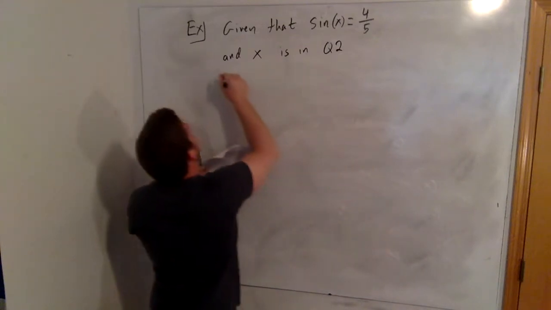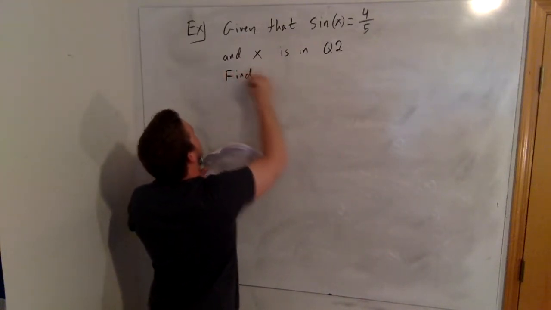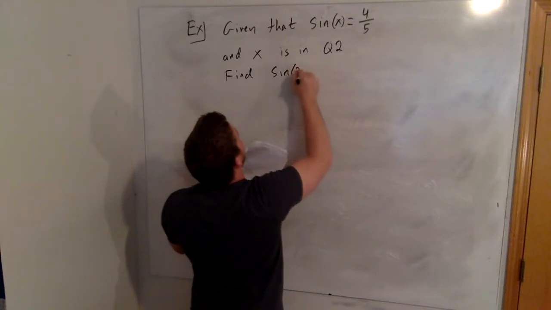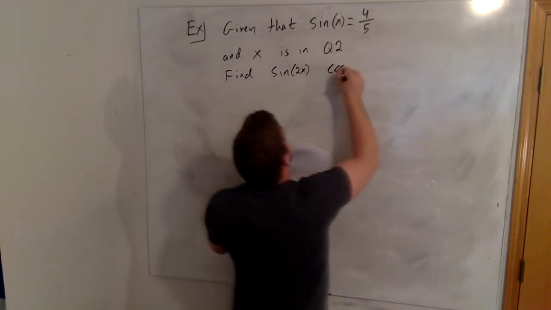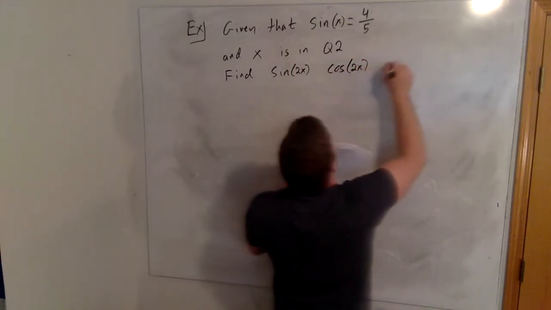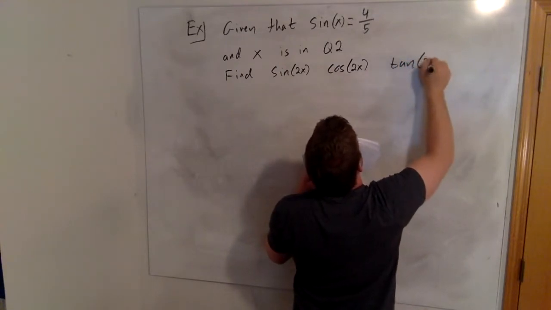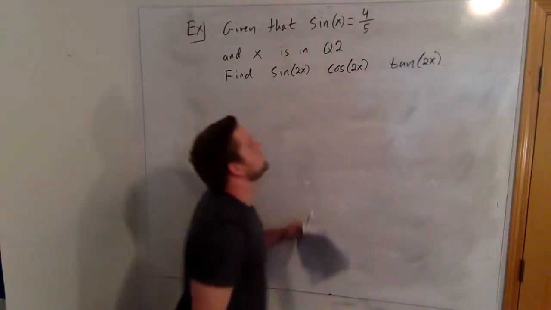We want to find sine of 2x, cosine of 2x, and tangent of 2x. This is what we want to find here.